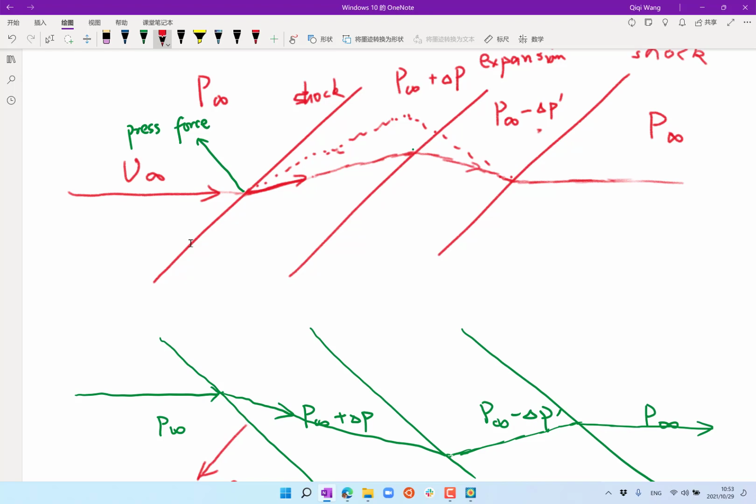The delta P prime would also increase by a factor of 2, and the original slope becomes that. So even if delta P is the same, the component of the pressure force in the downstream direction is increased by a factor of 2, right?